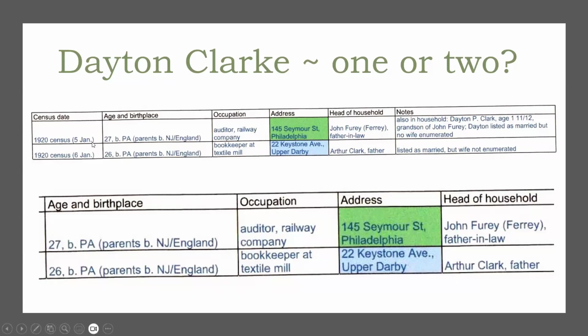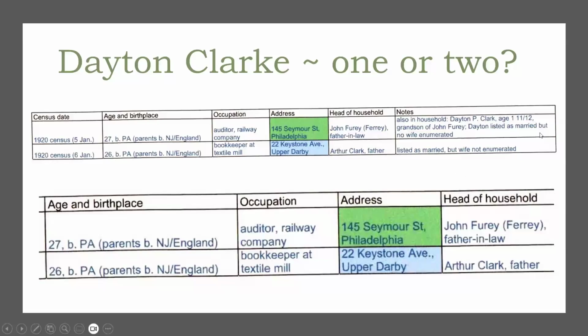One was from January 5th, one was January 6th. A 26-year-old, a 27-year-old, one's an auditor at the railway company, one's a bookkeeper at the textile mill. These are the addresses, head of household.